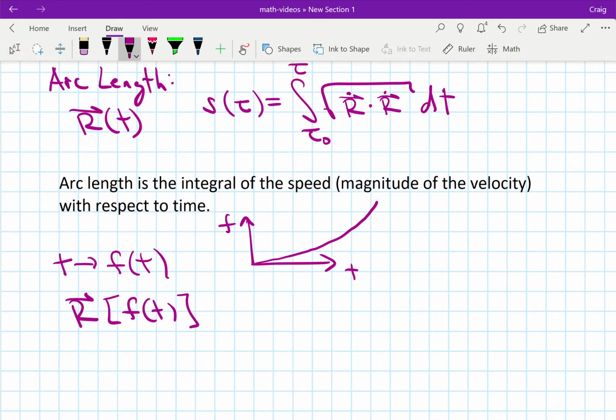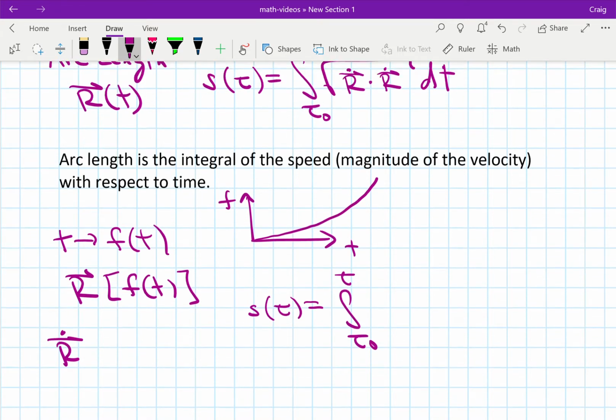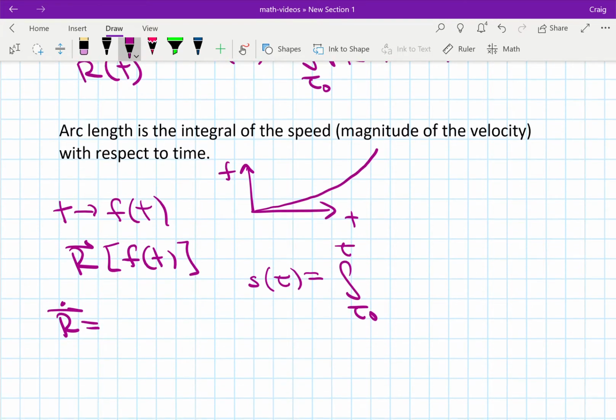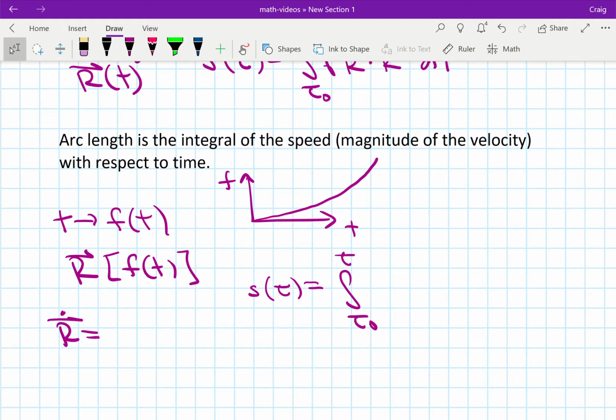And so I still have that s of tau is the integral from tau naught to tau of the magnitude of r dot, but r dot is equal to, we know from before, from chapter 14, we can just use the usual chain rule.